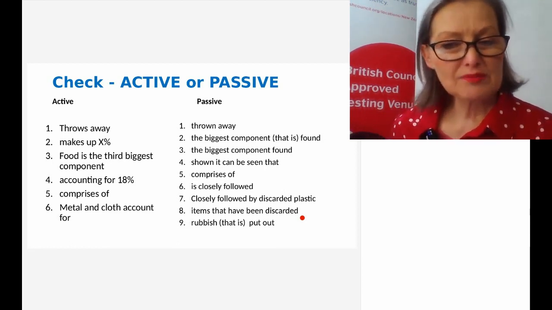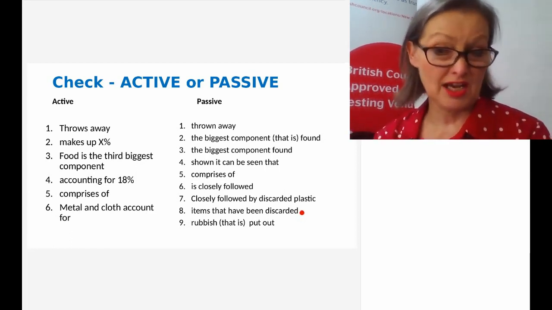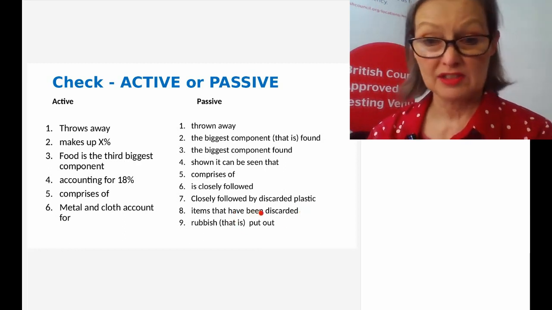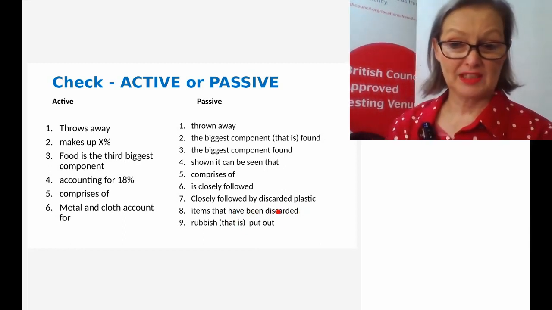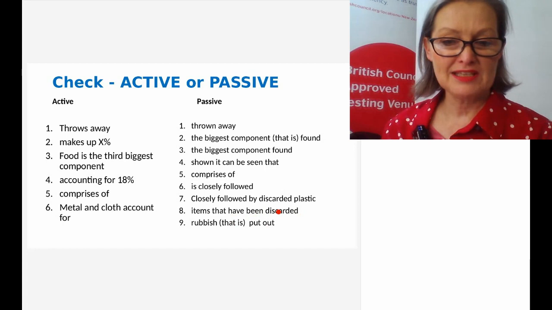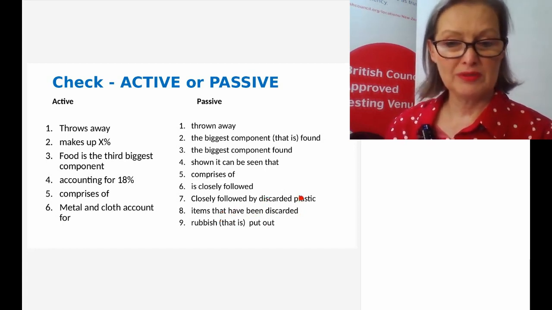I'm actually using my present perfect tense here. And my meaning is result, items that have been discarded. And so, result, they're in the trash can and they're now part of a statistic. So there it is, my have been for my passive, discarded, third form of the verb.